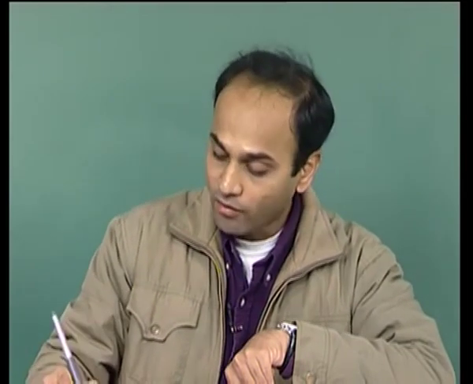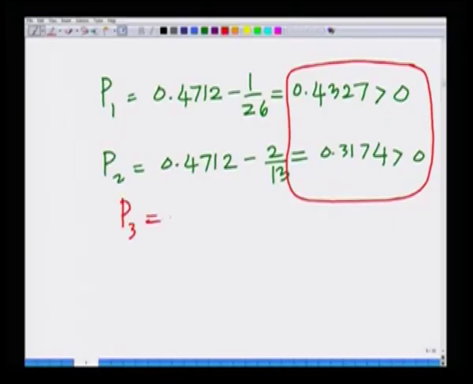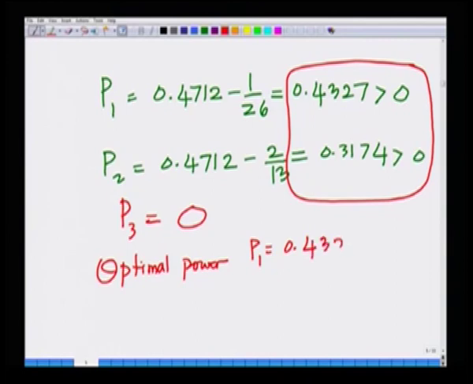The procedure now terminates. Hence, these are the optimal powers, and in fact, P3 equals 0. So, optimal powers are P1 equals 0.4327. However, powers have to be expressed in dB.